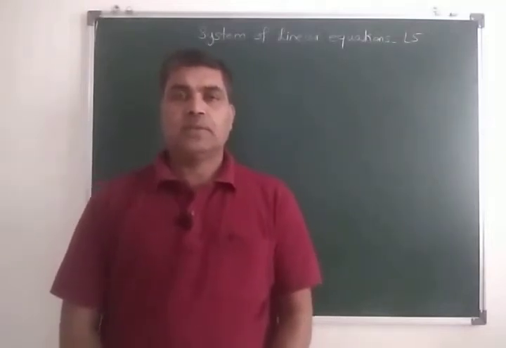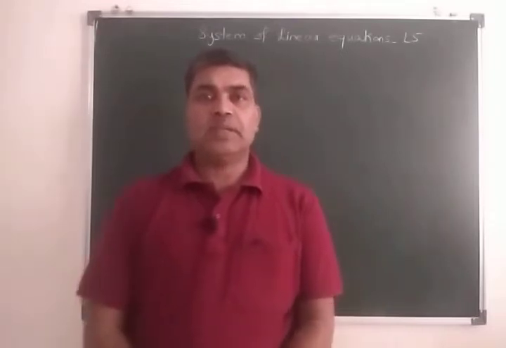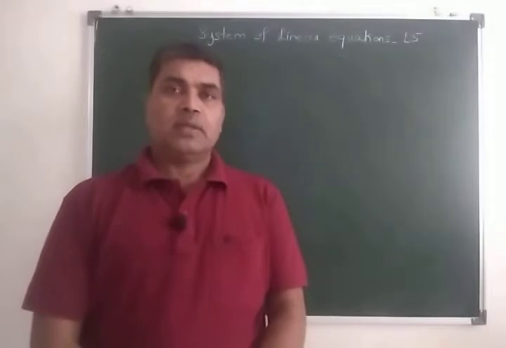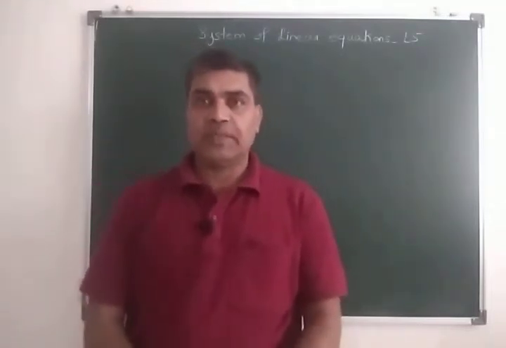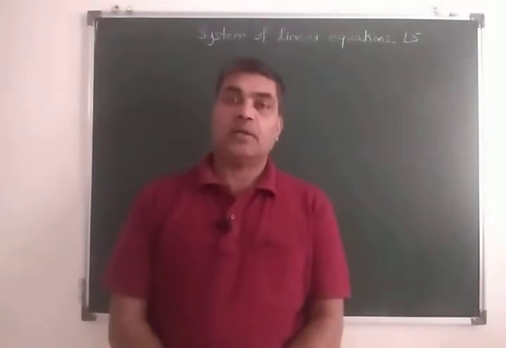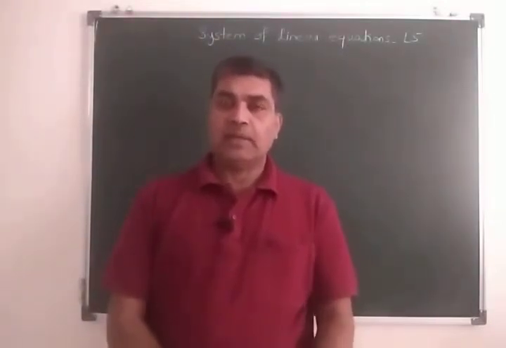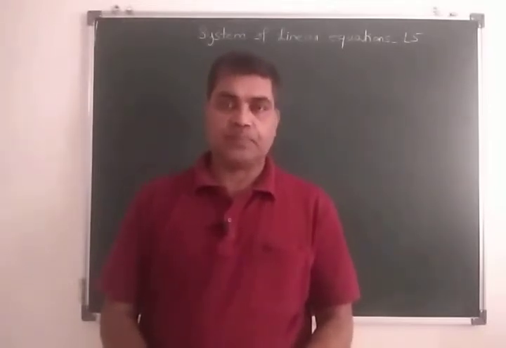Hello friends, in system of linear equations we have studied what is a linear equation, then system of m linear equations in n unknowns, then its matrix form, augmented matrix form, then homogeneous system, non-homogeneous system, and then consistent and inconsistent system.